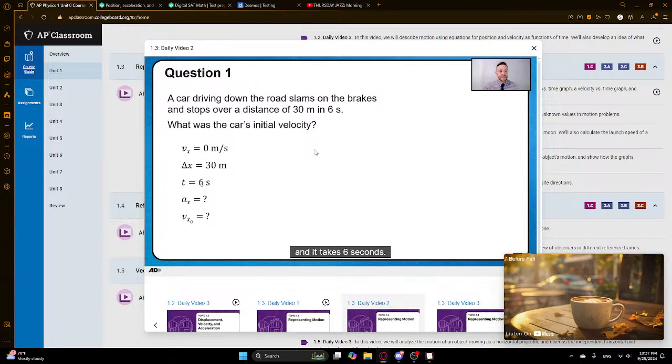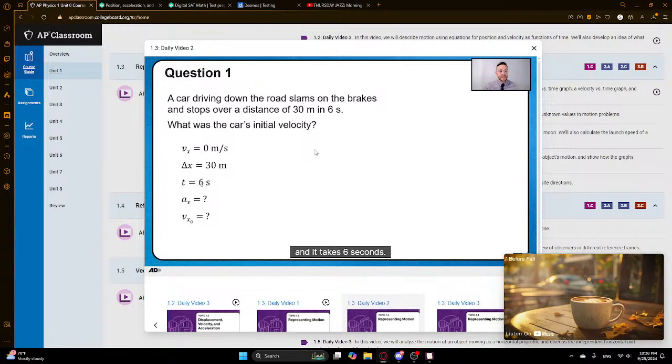Example 1. Car drives down road. Stops over distance of 30 meters in 6 seconds.